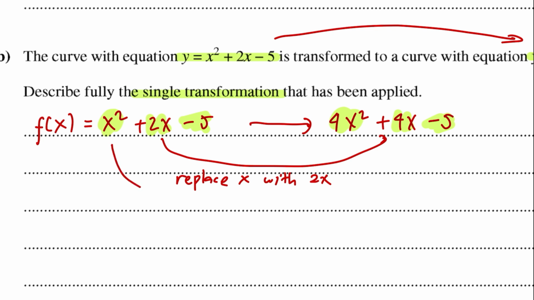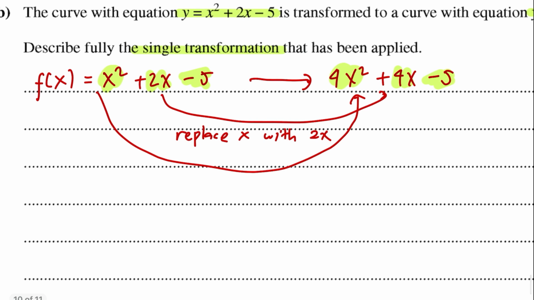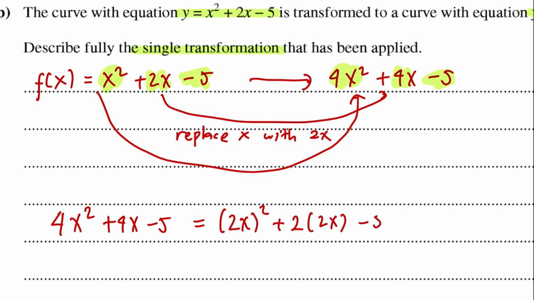And that also works for x squared becomes 4x squared. So we can rewrite our function here, 4x squared plus 4x minus 5, as (2x) squared plus 2 times 2x minus 5.